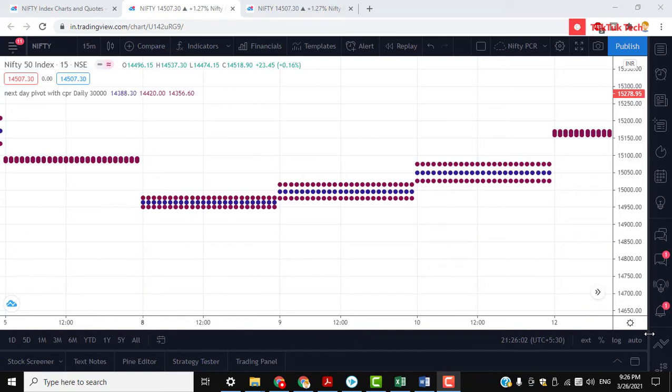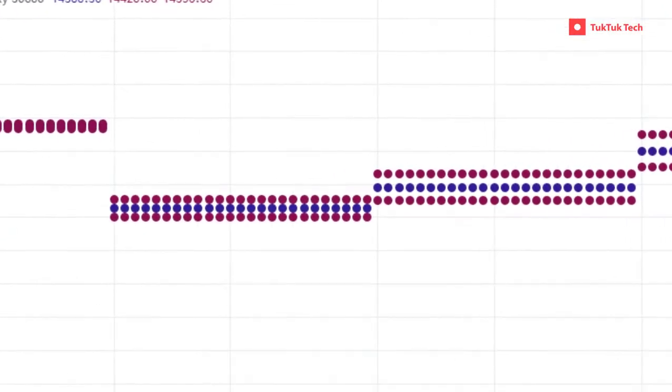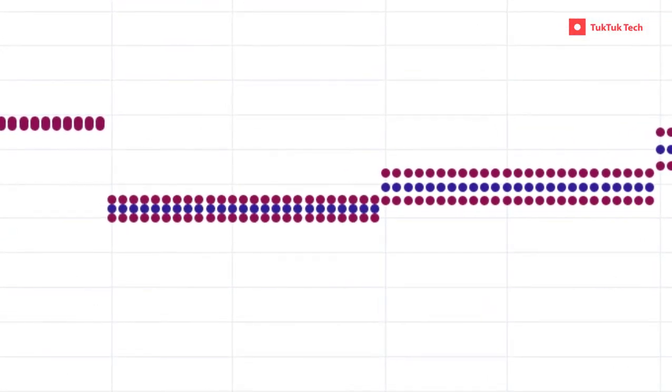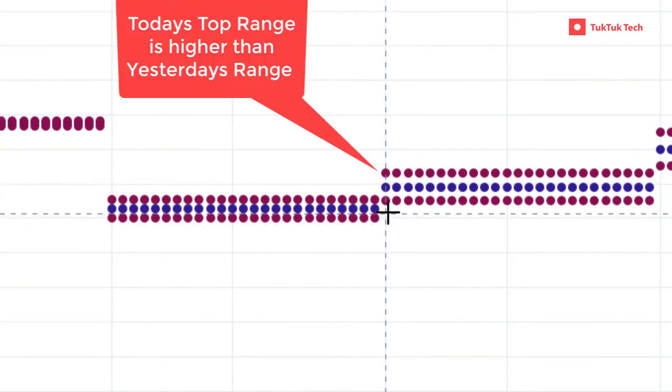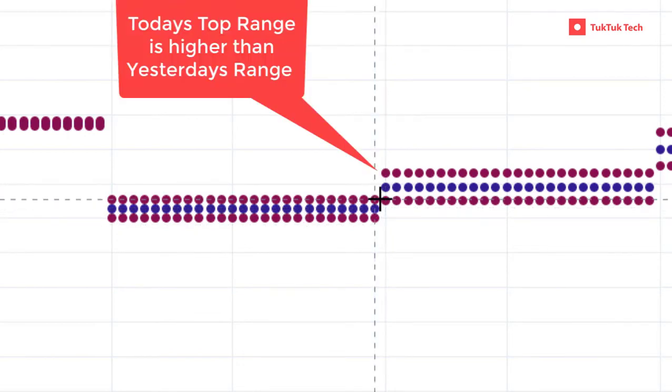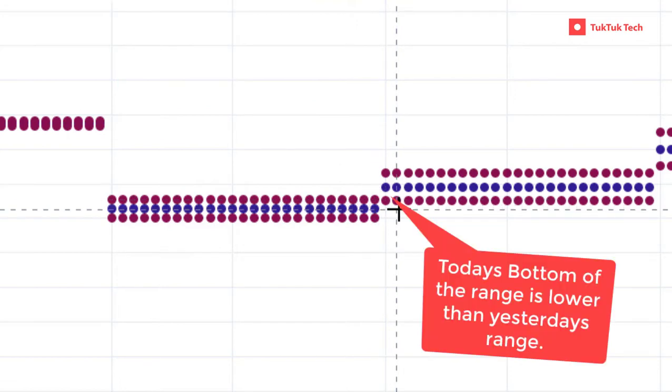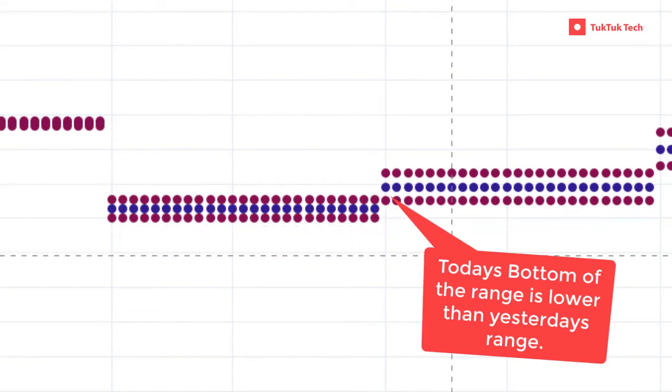This relationship occurs when today's pivot range is higher than yesterday's range, but overlaps to some degree. Therefore, the top of the range is higher than the top of yesterday's range. But the bottom of the range is lower than the top of yesterday's range.